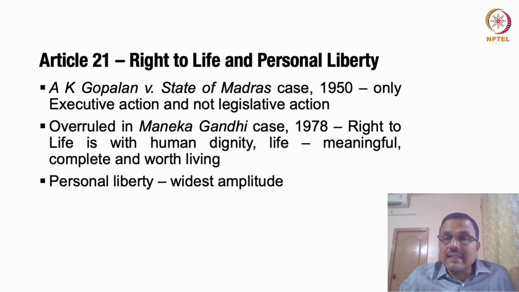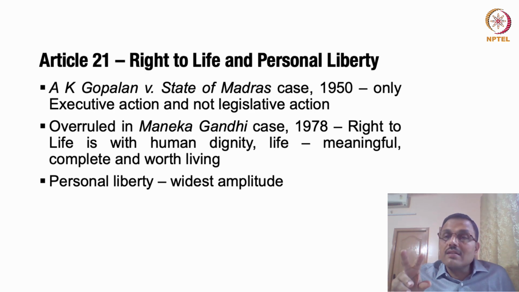It says something like this: no person shall be deprived of his life or personal liberty except according to the procedure established by law. So, if one reads Article 21, it says that protection of life or personal liberty, there are two components of it. Personal liberty is slightly different from protection of life.